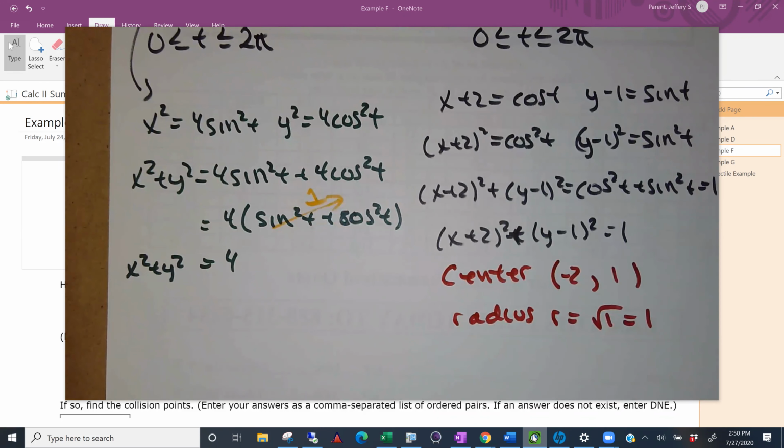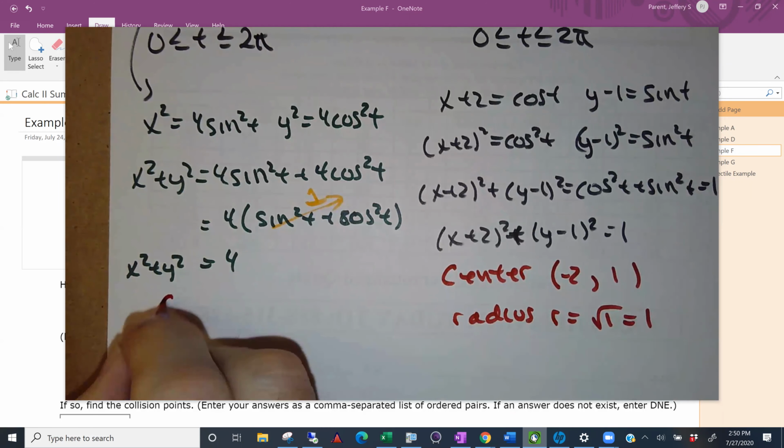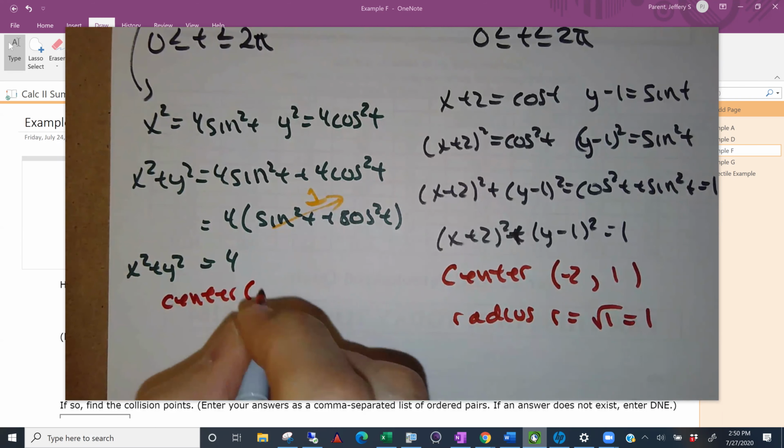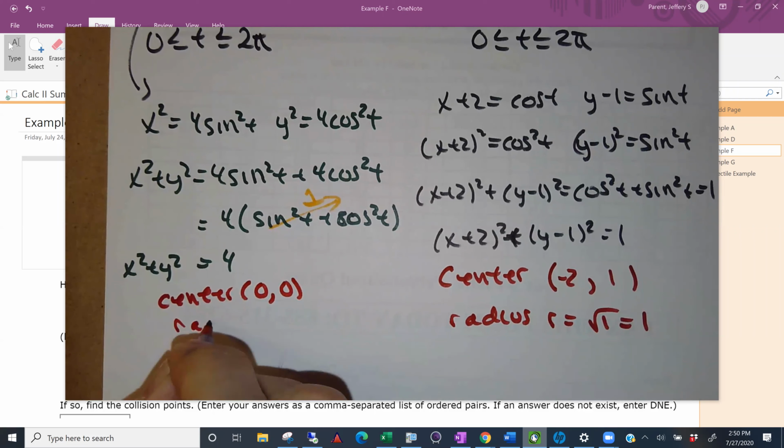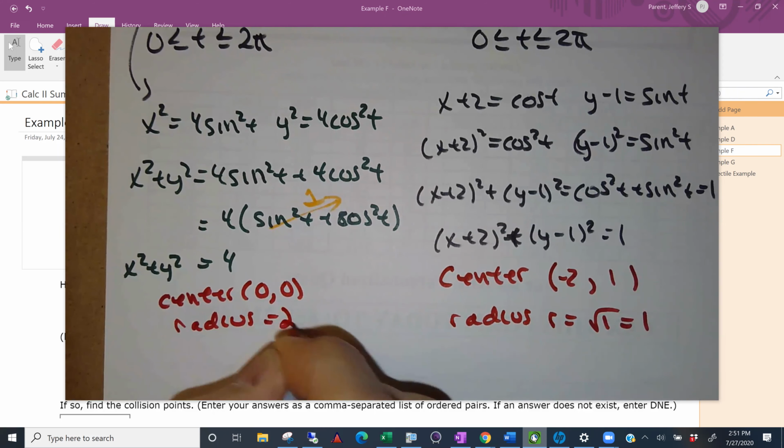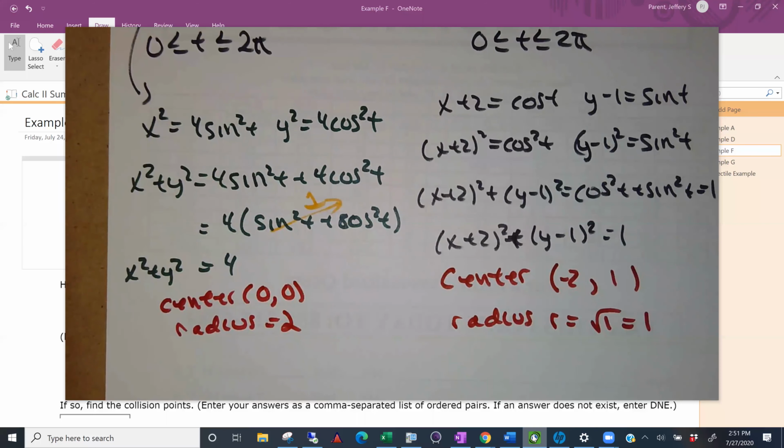We've got 2 circles. We've got a circle with a center at -2 and 1. And this one has a center at 0, 0 with a radius equal to 2. So some good practice in eliminating the parameter there.